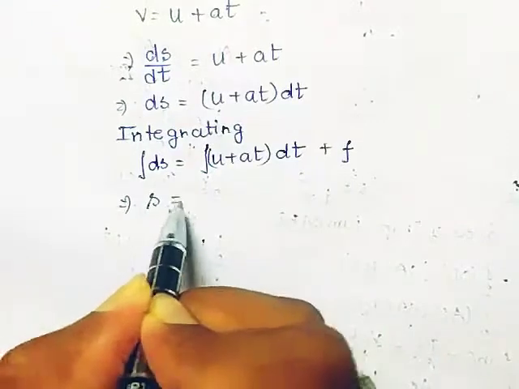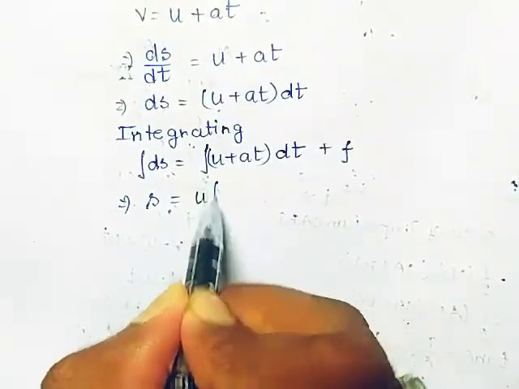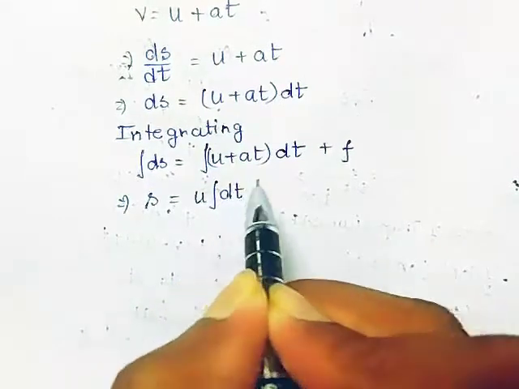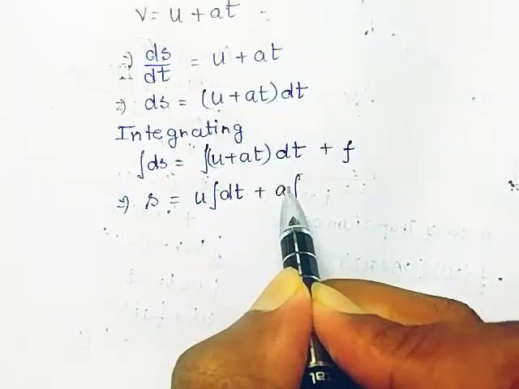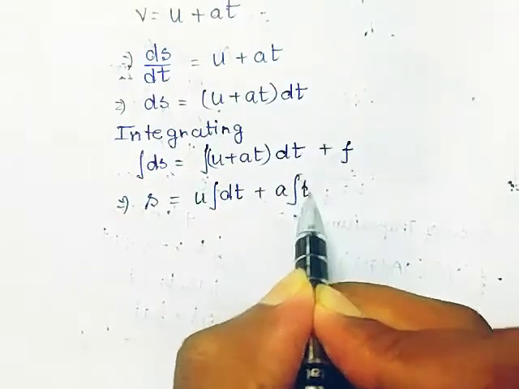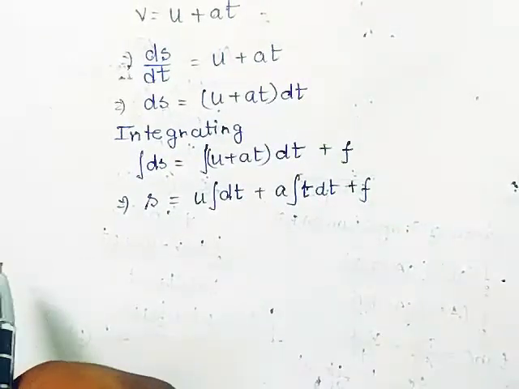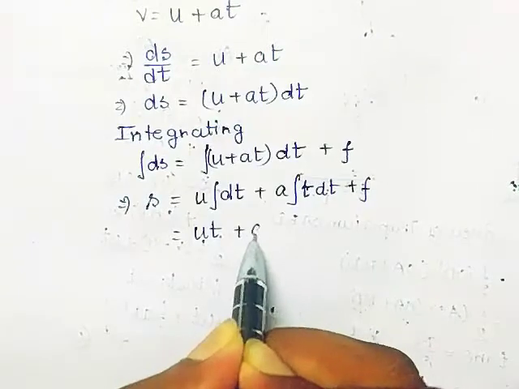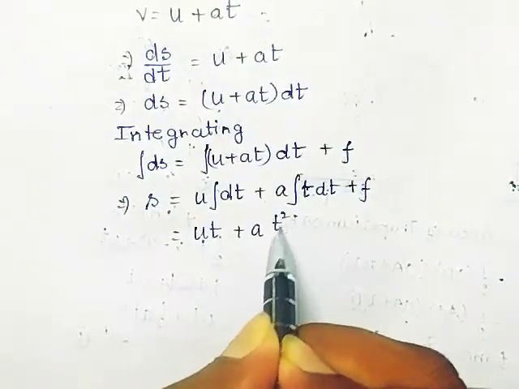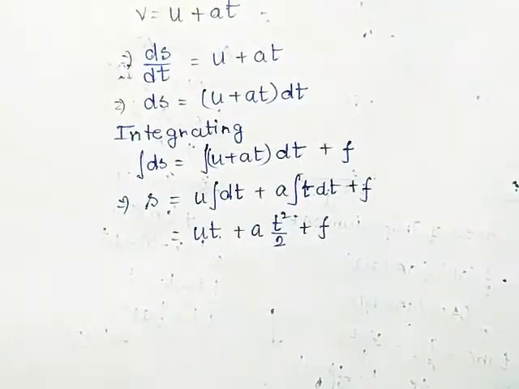So it will be s equals u, which is constant and not changing with time, so it is integral of dt. a is constant, so it can be taken outside the integral, so here will be integral of t dt plus small f. So it will be ut plus a into t square divided by 2 plus f.